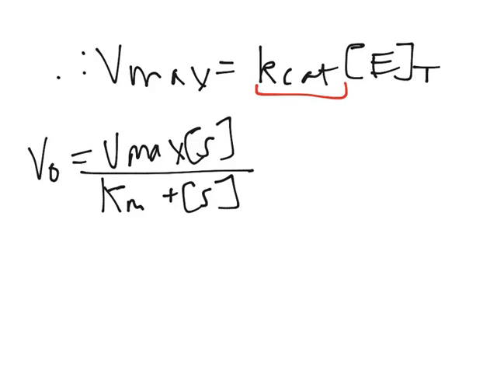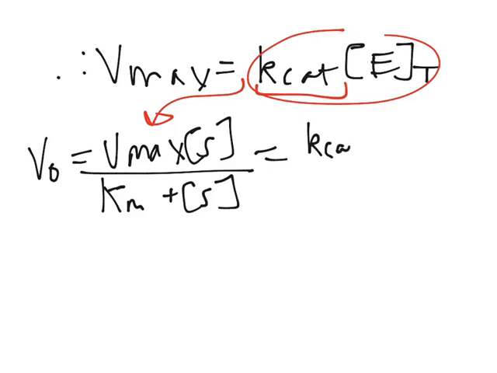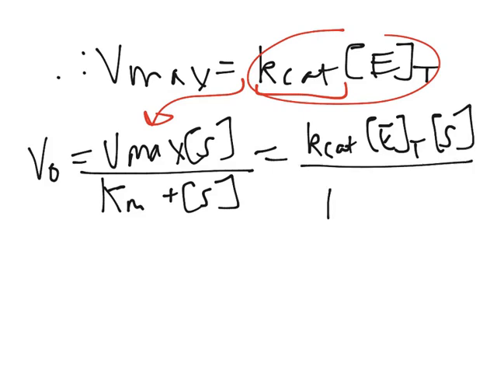Now, since Vmax is equal to kcat times E total, I can substitute in this term right here. So we also know that V0 is equal to kcat times the concentration of total enzyme, times the concentration of substrate, all over Km plus the concentration of substrate. If you're doing some enzyme kinetics in a tube, you might know, in fact, the value of enzyme total. So you can get at some of these other parameters like kcat or the Km.